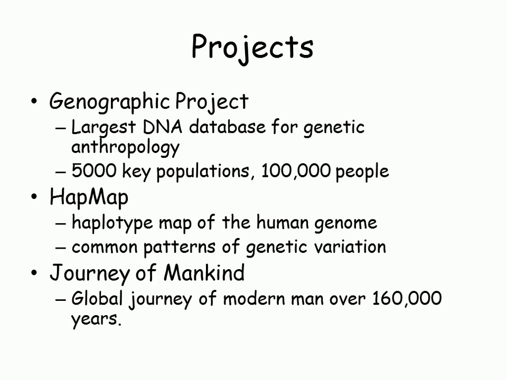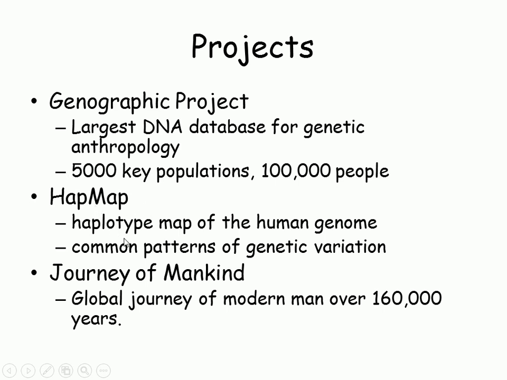All right, so some large projects on phylogenetic trees and constructing evolutionary history: the Genographic Project is the largest DNA database for genetic anthropology. It contains 5,000 populations and 100,000 people. HapMap is another project, which is more disease-oriented.